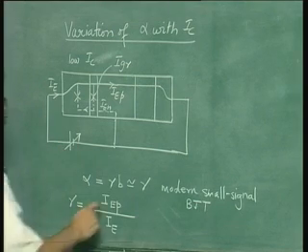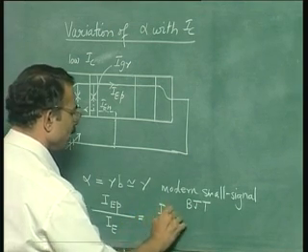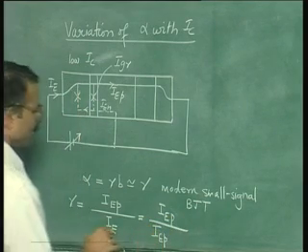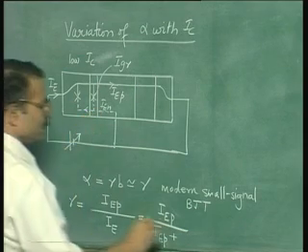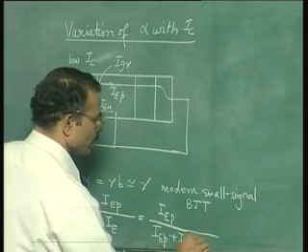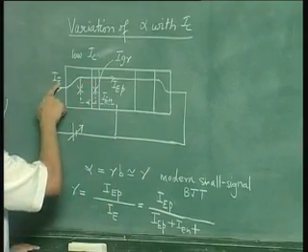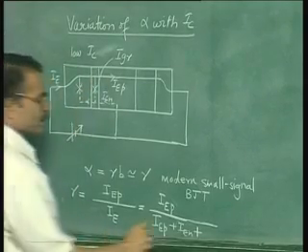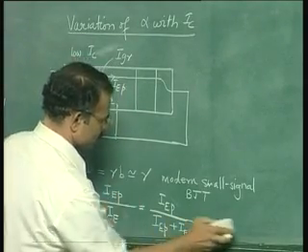So when you write this equation for gamma, it is equal to IEP upon IE, and IE is now equal to IEP plus IEN plus IGR.